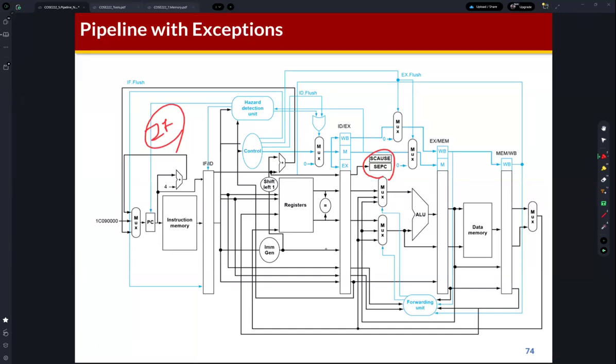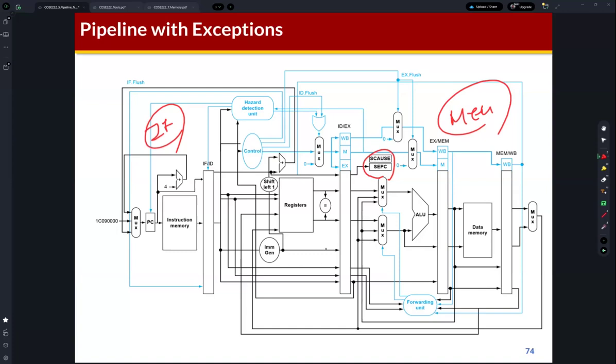But an exception can also be detected in the memory stage, for example, but later. After this exception is detected, what is the instruction order?